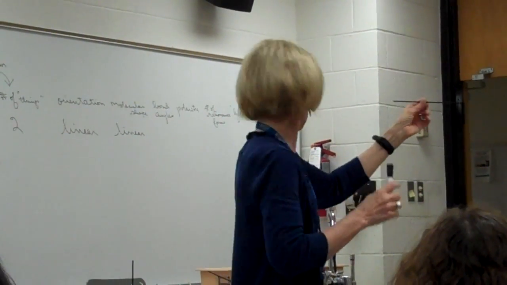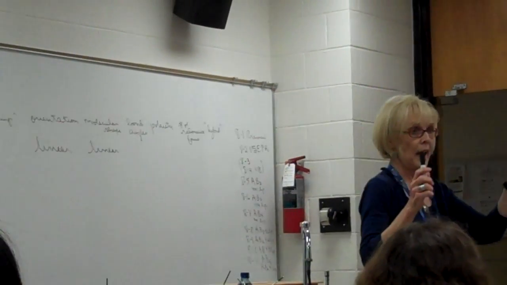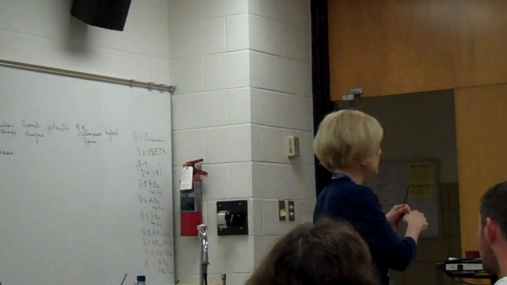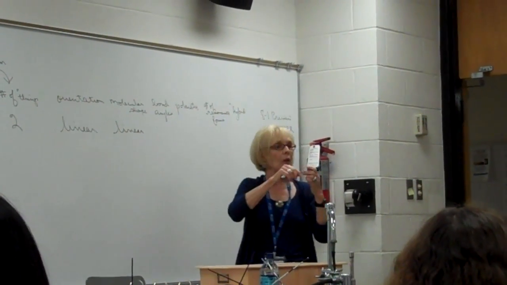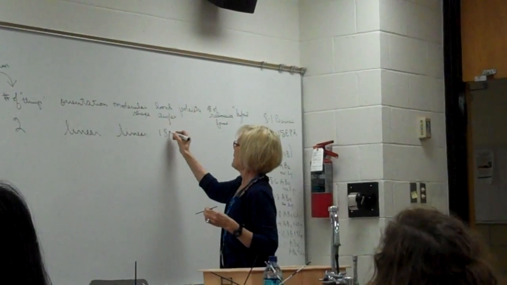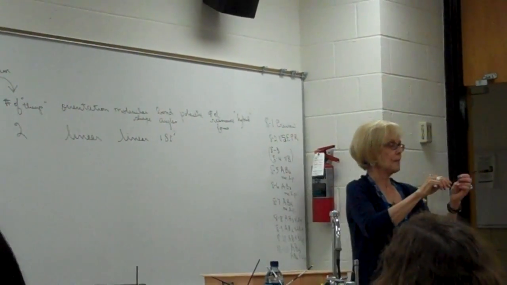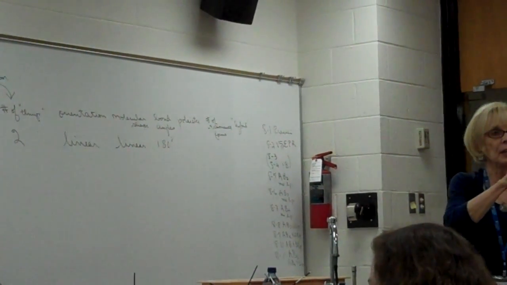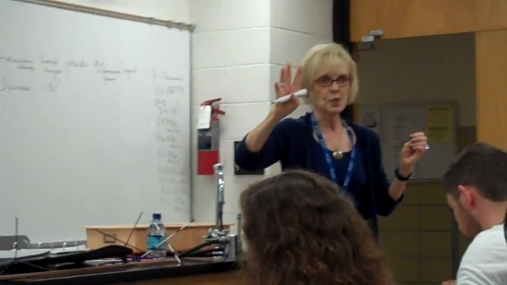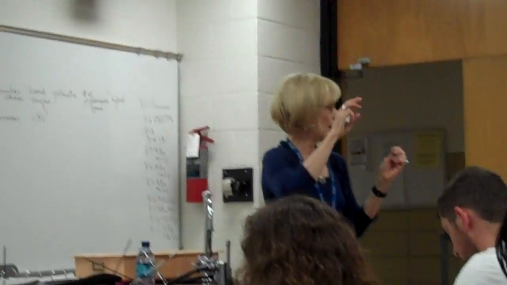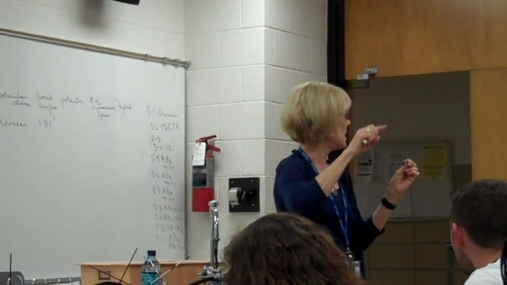Okay, we got linear. Now, bond angle here is going to be what, Antonio? If it's linear? 180. 180. Okay, because when you talk about a bond angle, remember way back in geometry or trig class, to have an angle, you've got to have three points, like angle ABC.